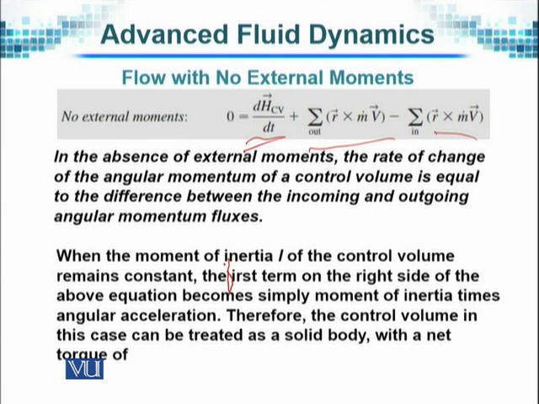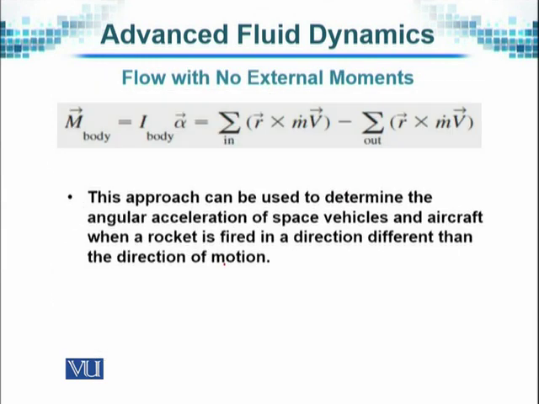Therefore, the control volume in this case can be treated as a solid body with a net torque that is equal to the inertia of the body times the angular acceleration alpha, which is equal to the difference of these two forces.